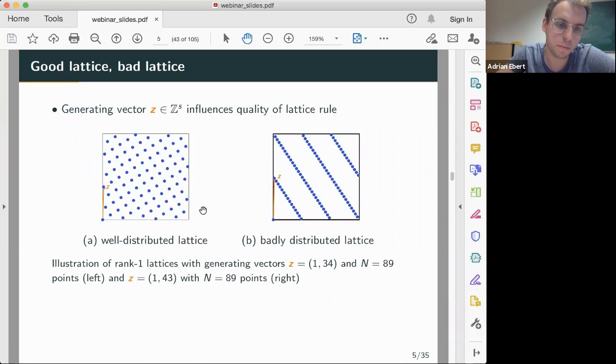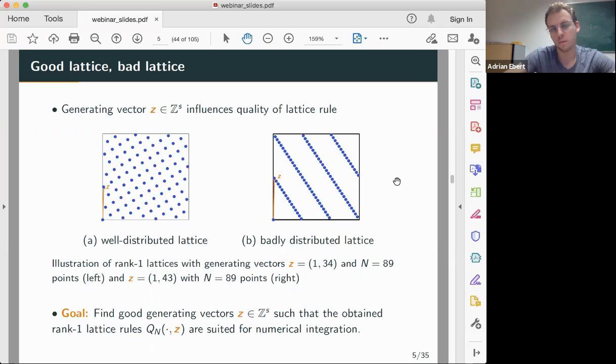But we can also be slightly unlucky, namely by choosing such a generating vector, (1, 43), with the same number of points, and that would result in such a lattice node set. And you can see here that while we still have this kind of lattice structure, the gaps between separate pairs of points are quite big in this example, as opposed to the example on the left.